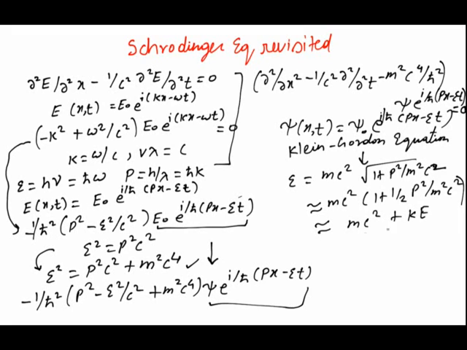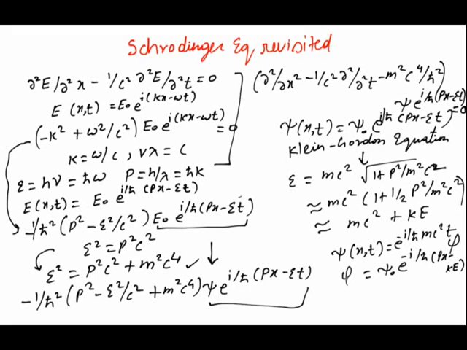With this as my new E, I substitute it back into the Klein-Gordon equation. If I do that, then my psi xt looks like e to the power of minus i mc square t over h bar times phi, and phi is given as psi naught e power minus i over h bar, px minus the kinetic energy.